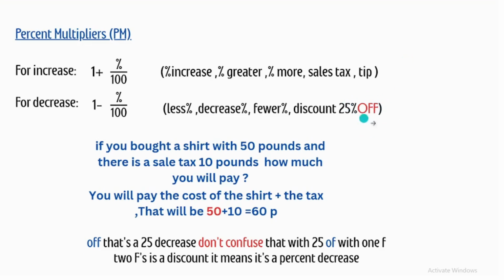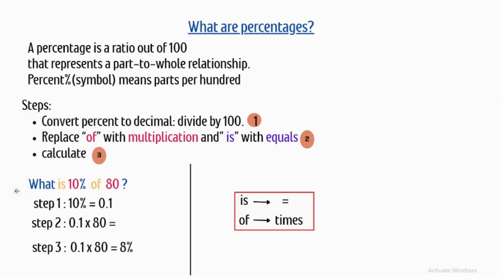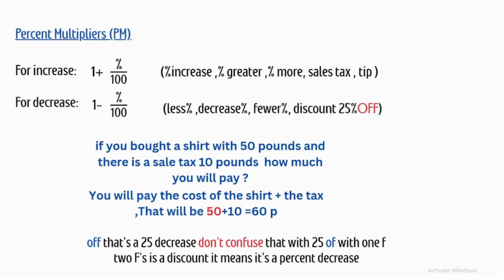This is take away 25. And this is the difference between this off, that equals multiply. Off with one F is a multiply. So you have to be careful when you see that.